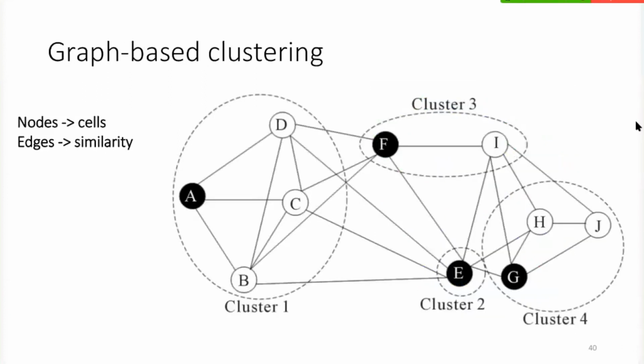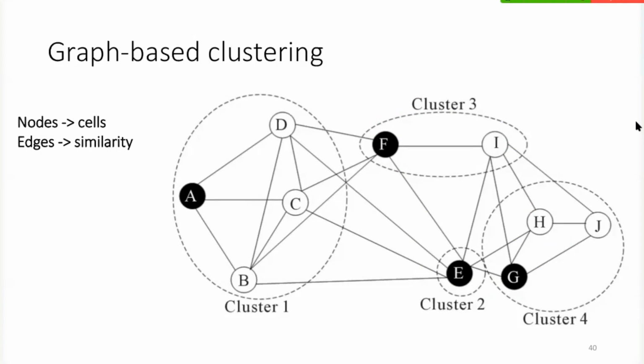Okay, so let's talk about graph-based clustering. Just before we start, what are graphs? Graphs are networks that have nodes and edges. Edges connect multiple nodes, and there are many definitions of graphs. We will talk mainly about a simple case. We don't have arrows here, so this is not a directed graph, it is a non-directed graph.